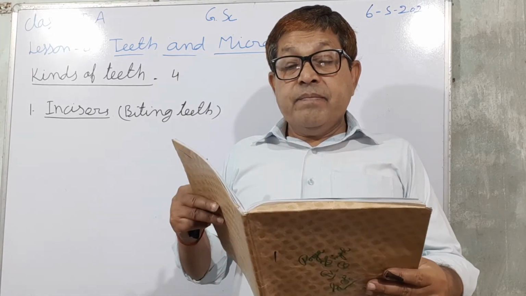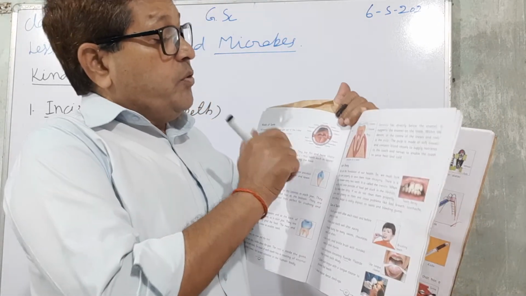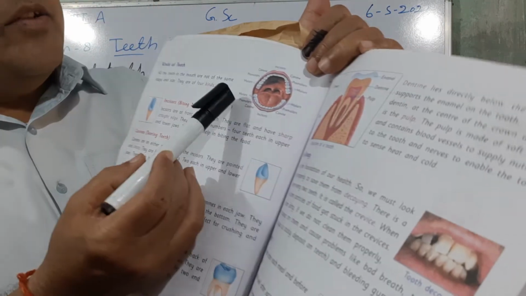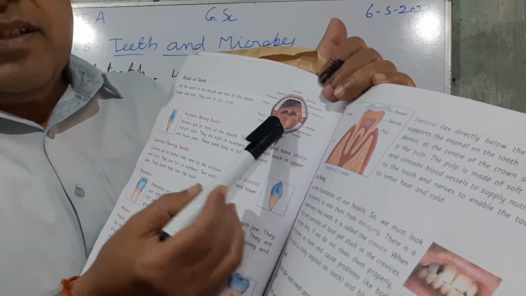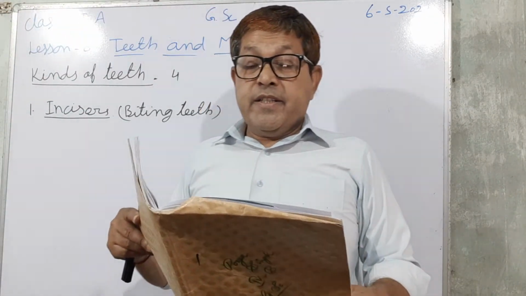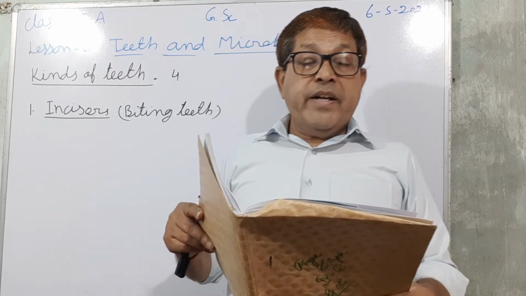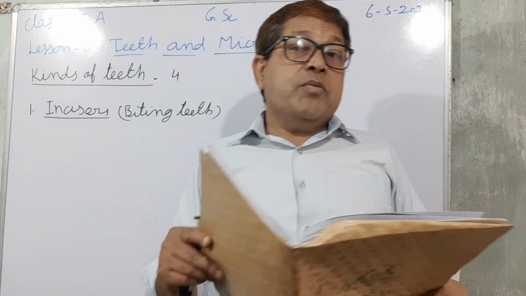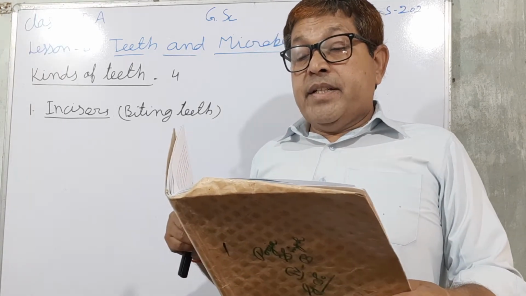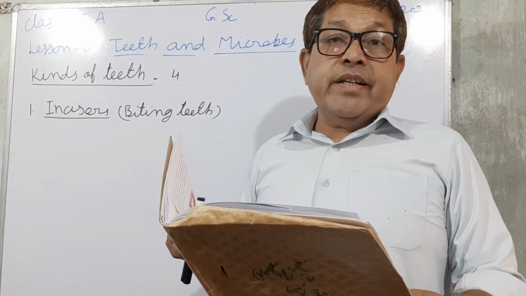In the diagram, it is given for the incisor. You see the diagram of the teeth. This side is called the incisor, or the biting teeth. So incisors are at the front of the mouth. They are flat and have sharp, straight edges.